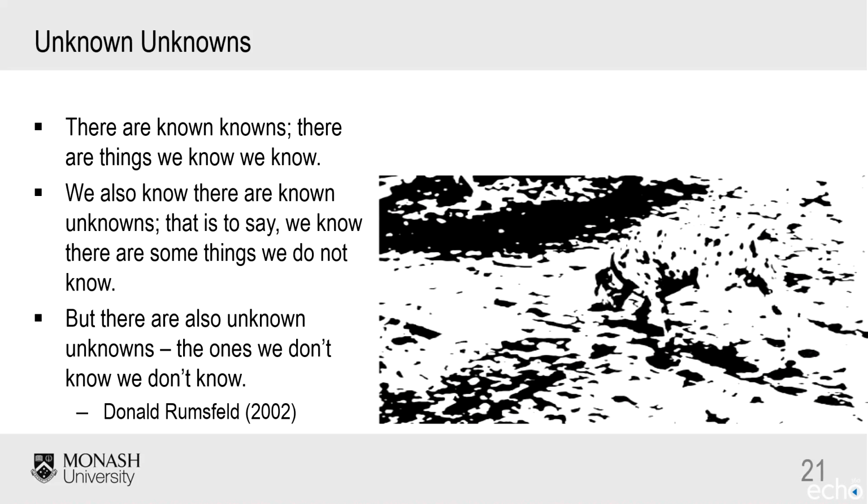Why is visualization important? And I talked about the lens at the top. It's still really important to get the human into this environment. Now, I like to quote Donald Rumsfeld on this one, please forgive me, but it's a great way of just making the point. There are known knowns. These are things that we know we know. There are also the known unknowns. That is to say, we know there are some things that we do not know.